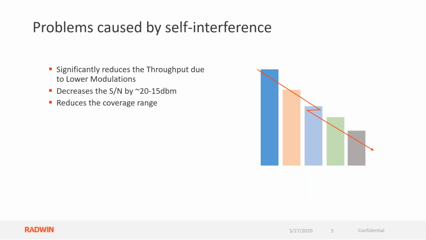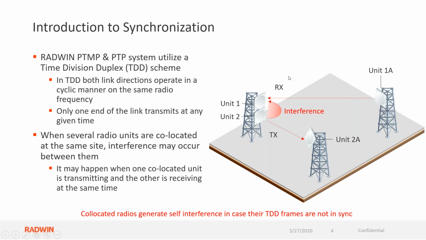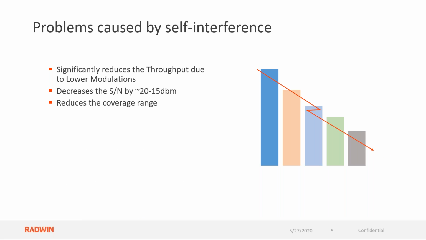Now, because of self-interference, we can expect significantly reduced throughput due to lower modulation. Of course, when there is interference, the signal becomes interfered and the modulation gets lower because of the C/I and the sensitivity.